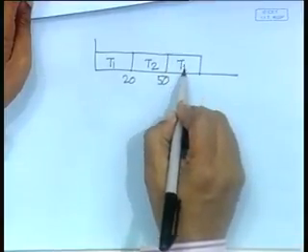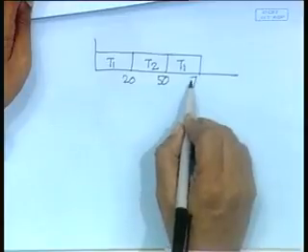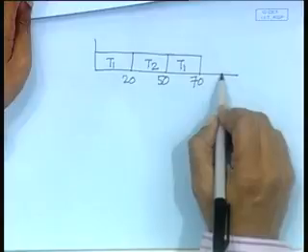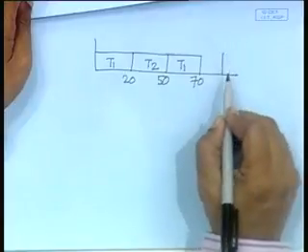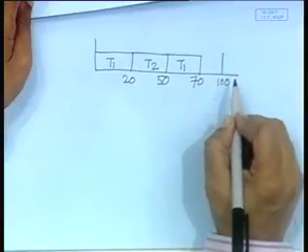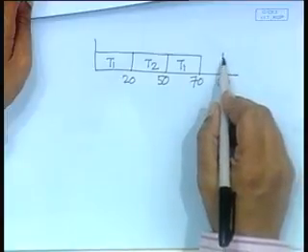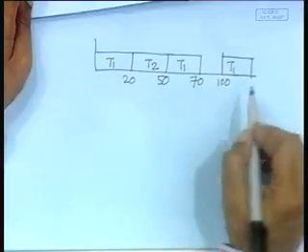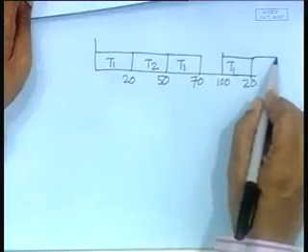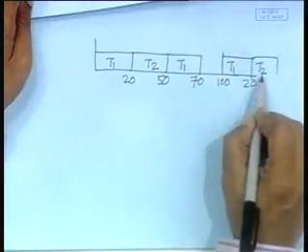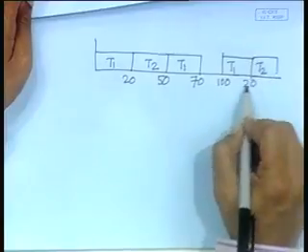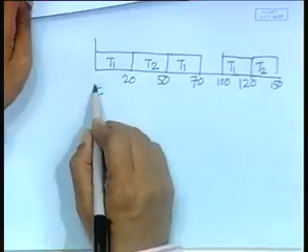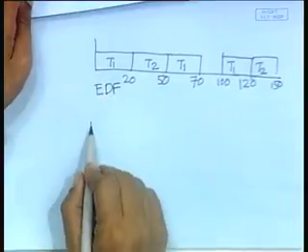So, T1 has arisen by that time, runs up to 70, and by that time T2 does not exist, it arises only at 100, and by 100 again T1 exists, right. So, T1 will run and then at 120 T2 will run, from 120 to 150. So, this is the EDF. Now, let us try the RMA.